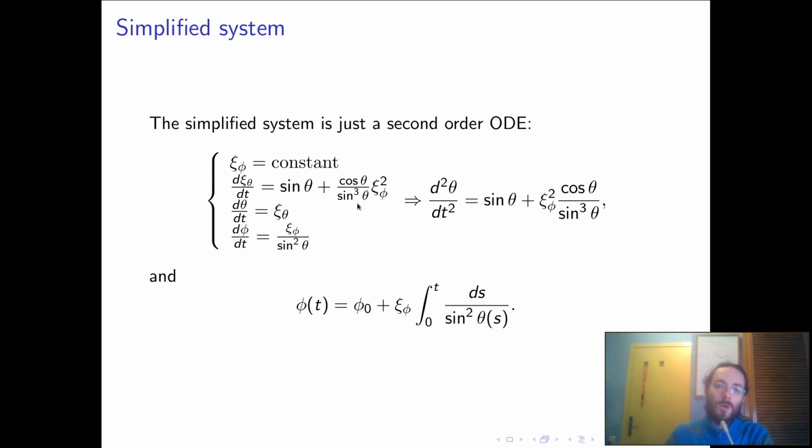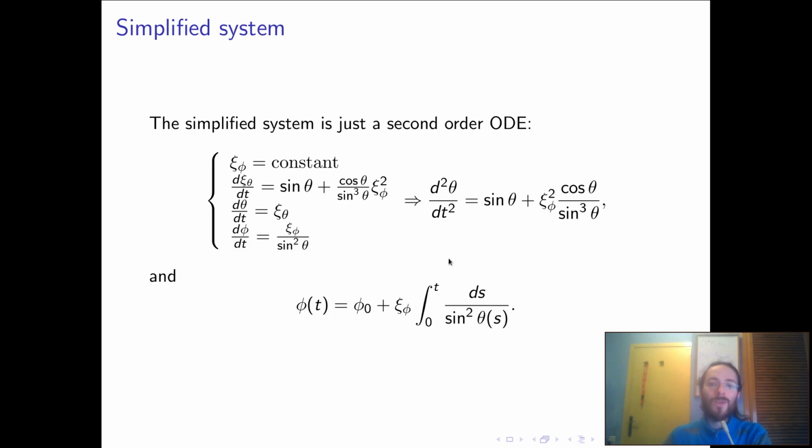So what I mean by this is that this second order ODE is extremely complicated. Of course, it does not have an analytical solution, but if we somehow retrieve a solution from here for theta, we can plug it here and we have an immediate solution equation. We don't need to do anything here. We can just integrate and we get the solution for phi.